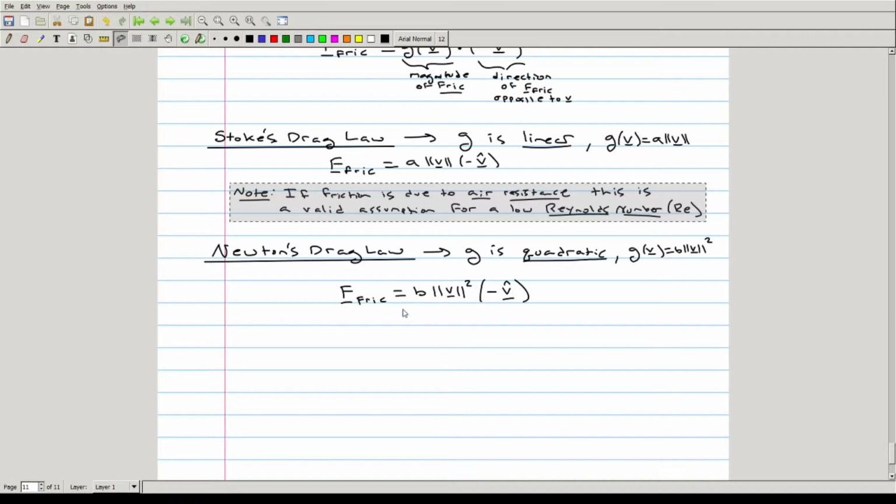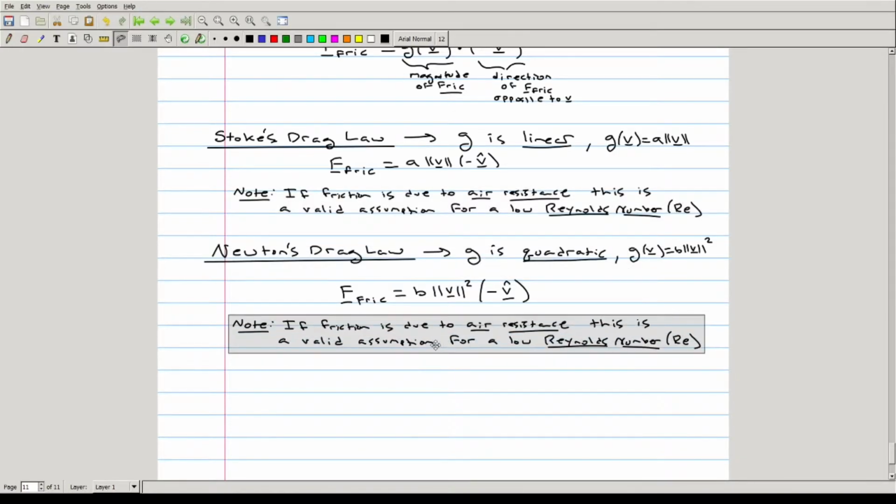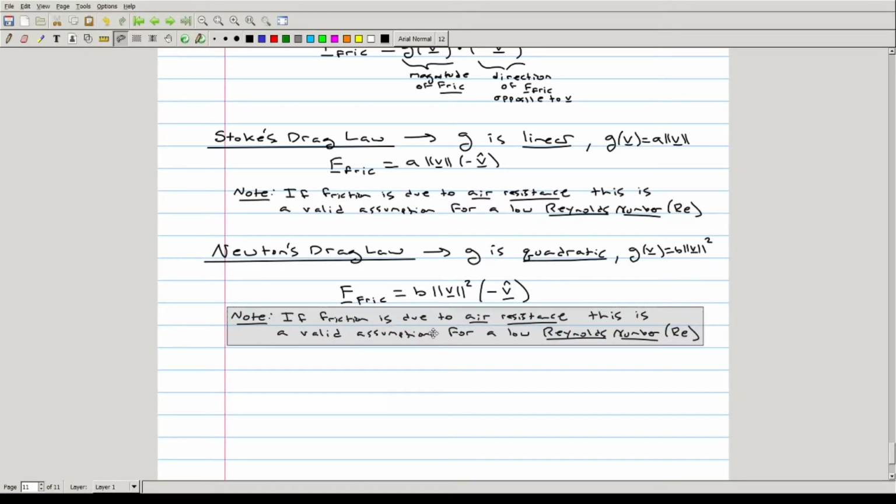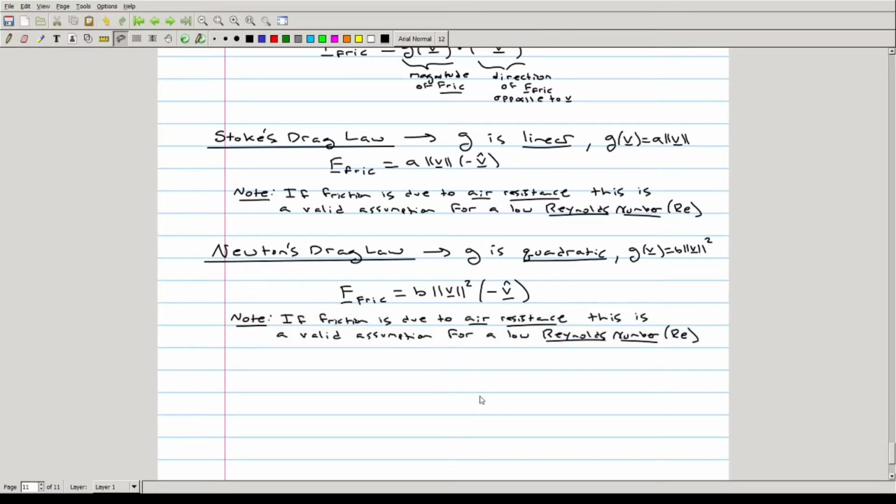And I want to note, just like before, that this is valid for a larger Reynolds number than Stokes' drag law.